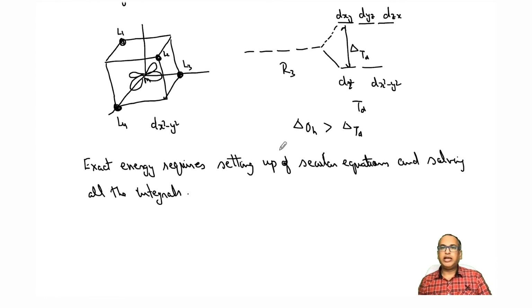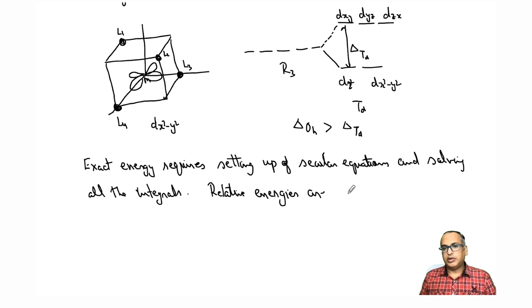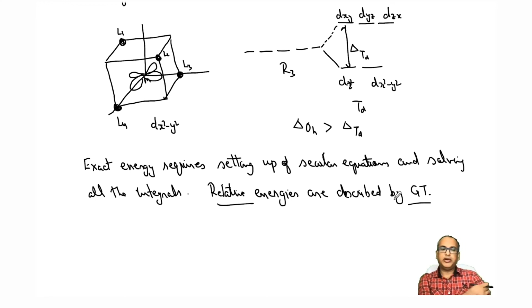Whereas group theory will give you a relative idea of which energy would be higher, which orbitals would be higher in which particular field, and so on. Okay, so relative energies are described by group theory. So we can only talk about relative and not the exact energies, right?